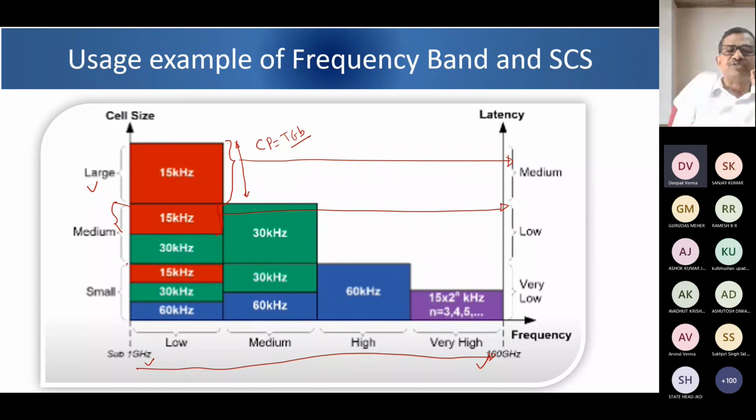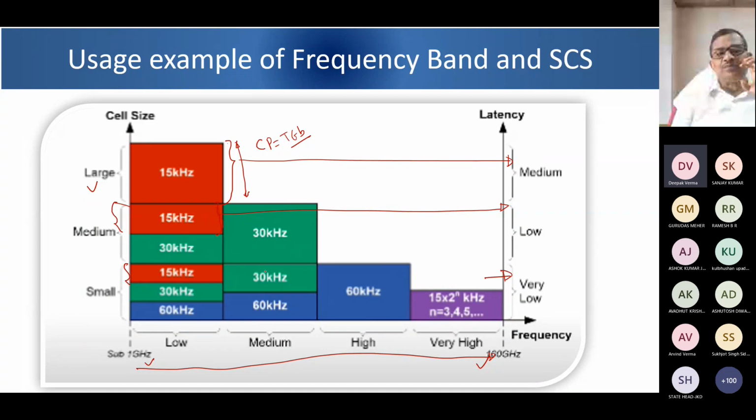Again here, with 15 kilohertz, I can even create a small cell and get very, very low latency. But the problem is that a lot of resources are getting wasted because of the high time guard band or CP size, which is the highest among all numerologies.